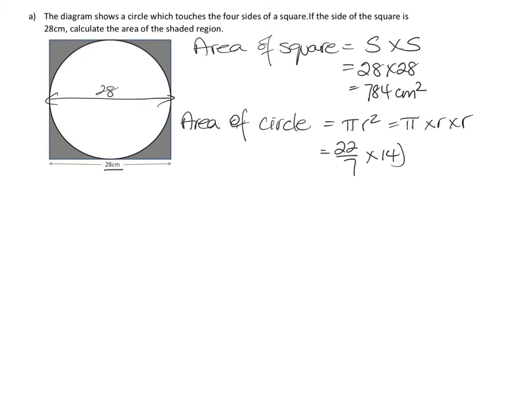So we're looking at 22/7 by 14 by 14. So 22/7 multiplied by 14 multiplied by 14 is 616 centimeters squared.